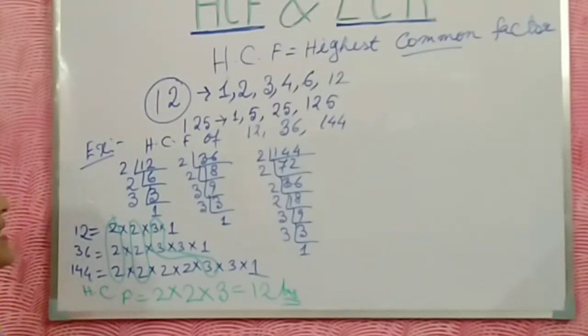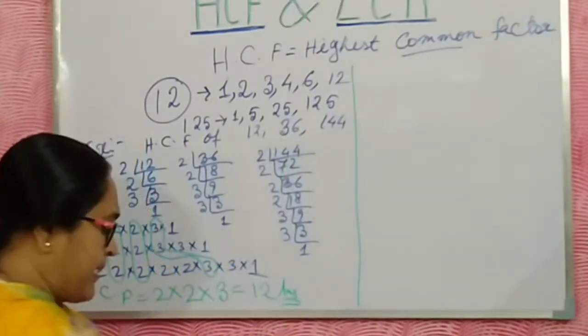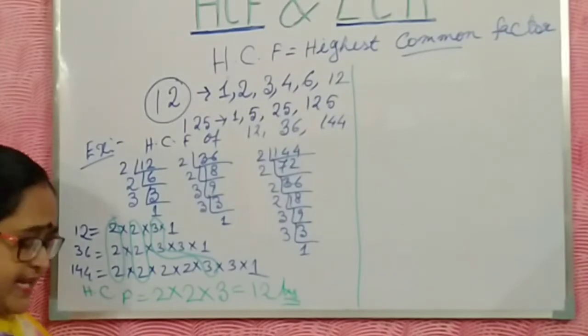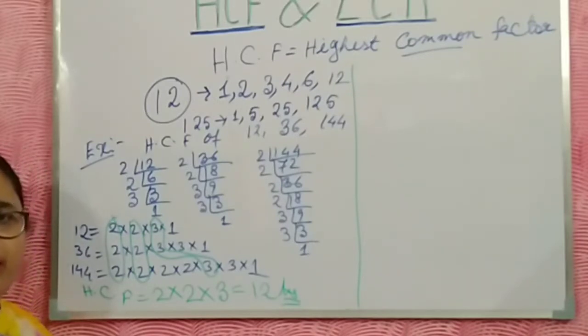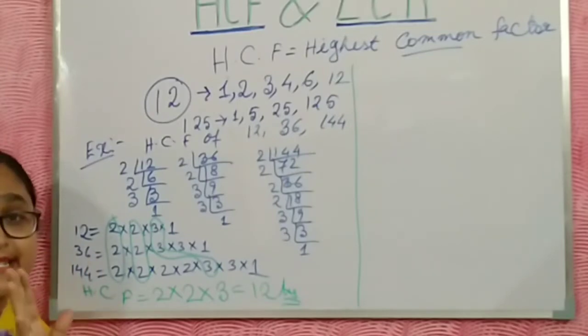Now I discuss the HCF by another method. This is the prime factorization method. All the students know prime numbers. I already discussed prime numbers and whole numbers. Let me discuss again what a prime number is: a number which is divisible by only 1 and itself. The number has only 2 factors, 1 and itself.